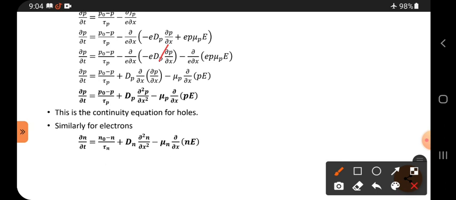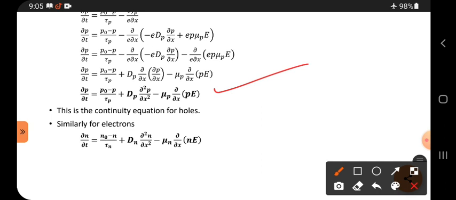Now the constants are taken outside, and the e value gets cancelled here, and this e value is again cancelled. Dp comes outside, and next dou by dou x into dou p by dou x becomes dou square p by dou x square.